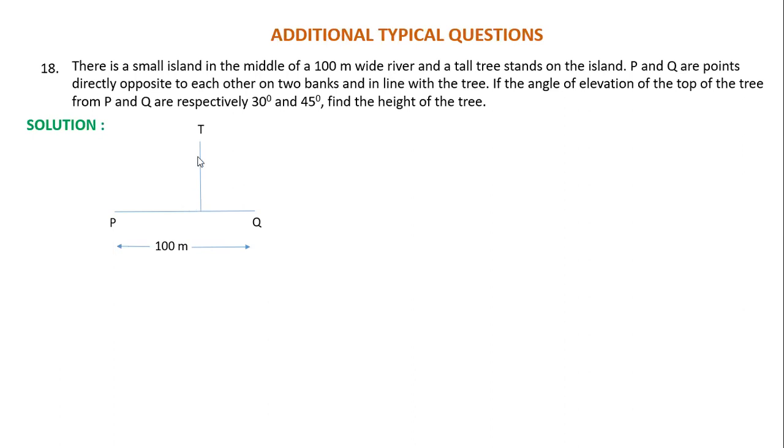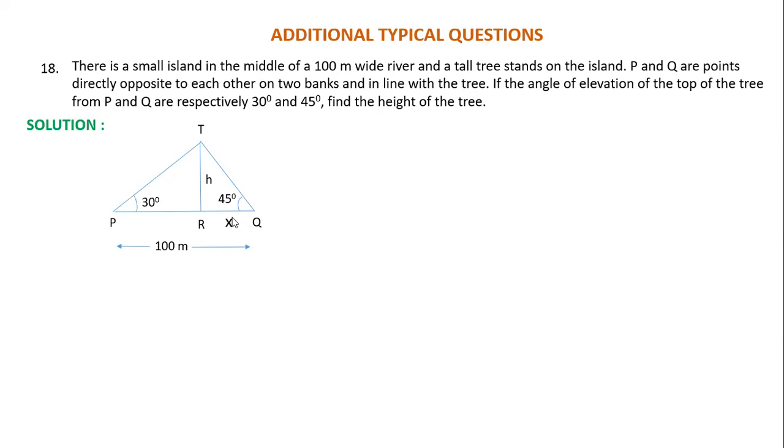There's a tree on the island. Let us name the tree as TR. Height of the tree is H. Angle of elevation of the tree from this point P is 30 degrees. And from the point Q, if you look at the tree again, this angle is 45 degrees. And we have to find the height of the tree.